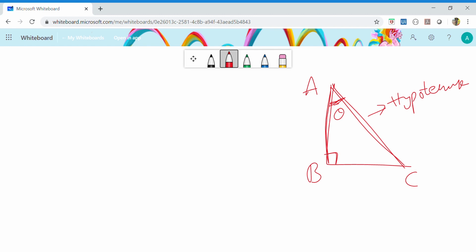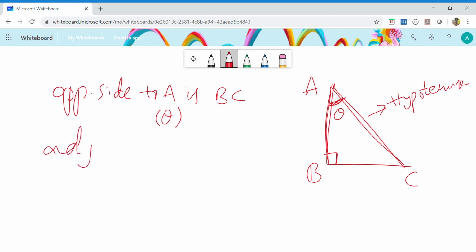If theta is at A, theta's opposite side is BC. Adjacent side to theta is AB.